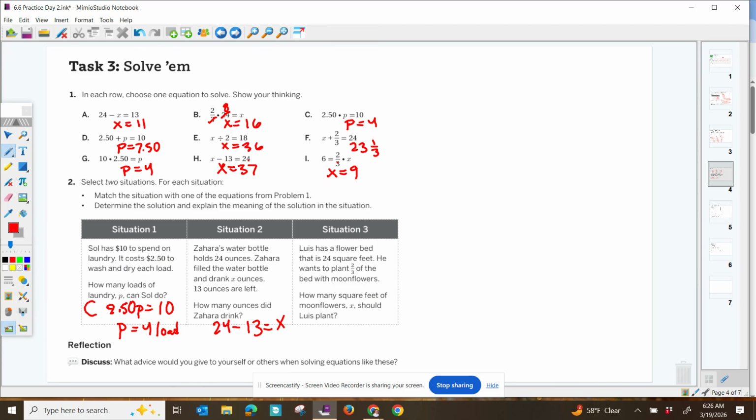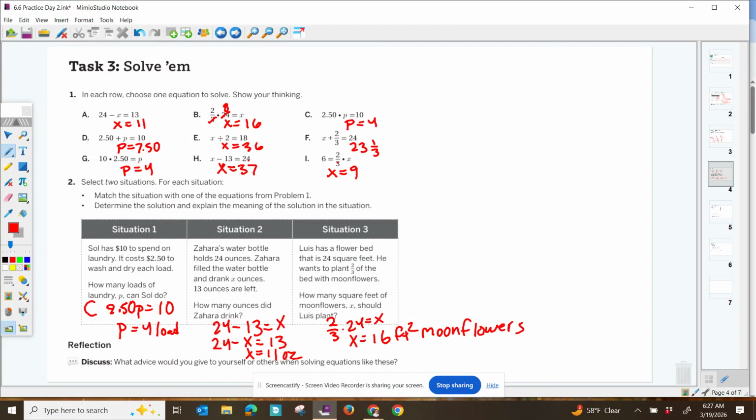That might be the other way around. 24 minus X equals 13. I get X equals 11. 11 ounces left. That's what that means. This one is that 2/3 times 24 equals X. I get that X equals 16, and that's 16 feet squared of moon flowers in this situation.